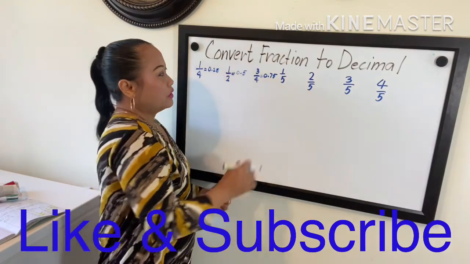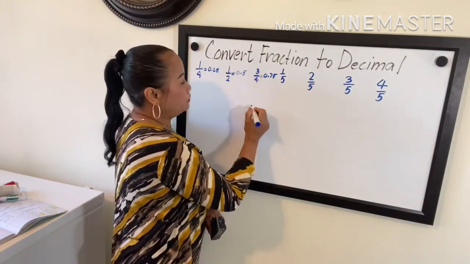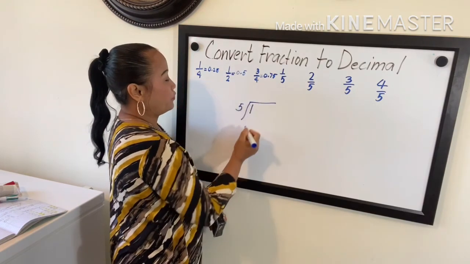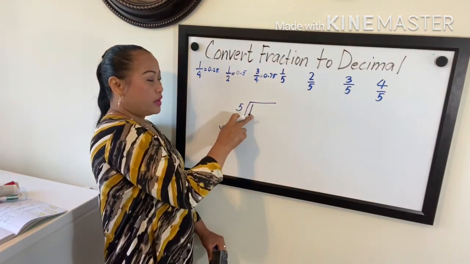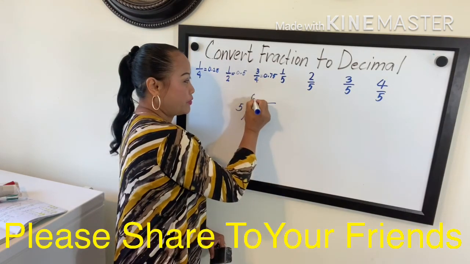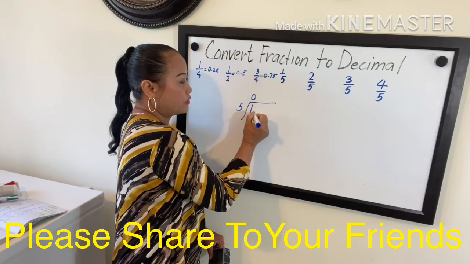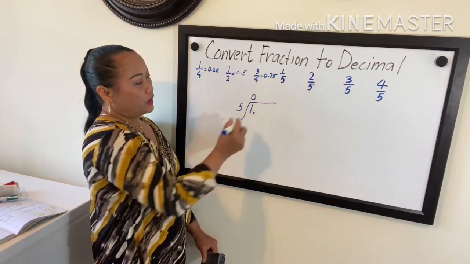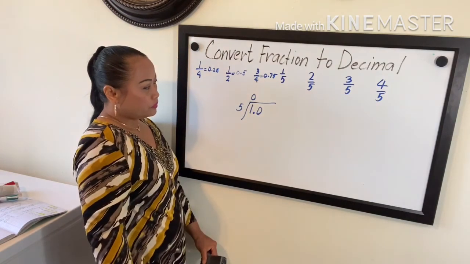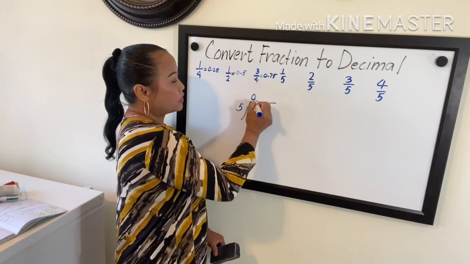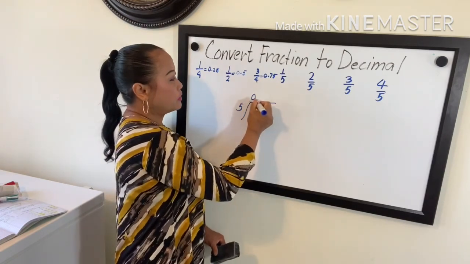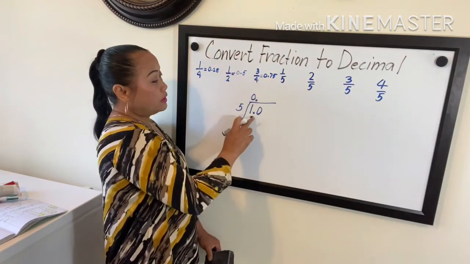Next, 1/5. That is 1 divided by 5. So again, 1 by 5, 0 cannot be. We have to add 0 here. Then add a decimal and then 0. Then straight up here, so you will not forget. Now 10.